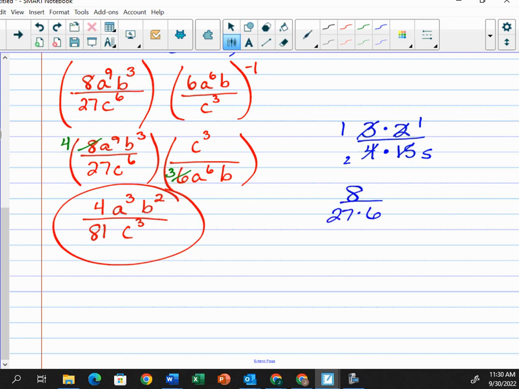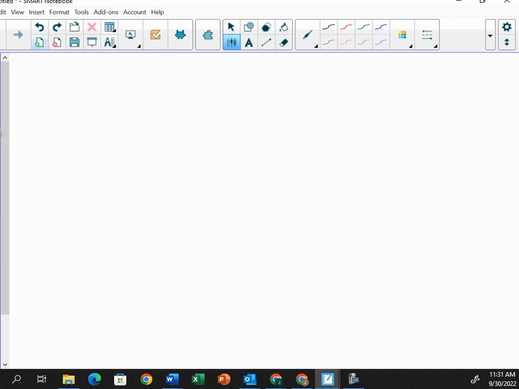These were your coefficients, right? We're multiplying. That's all we're doing, multiplying and dividing. You're simplifying. If you really need to multiply it out first, you can, but all you're doing is making more work for yourself. Because I don't want to do 27 times 6 and then try to reduce 8 over 27 times 6. But you have to be okay with understanding how reducing works. We're talking basic fractions here.